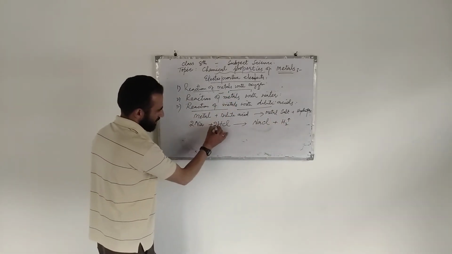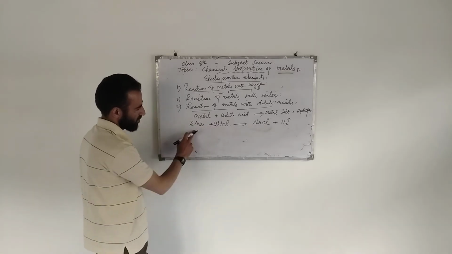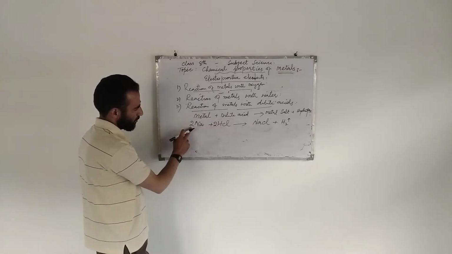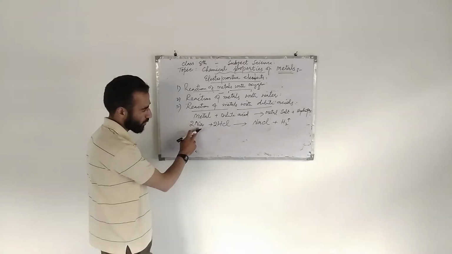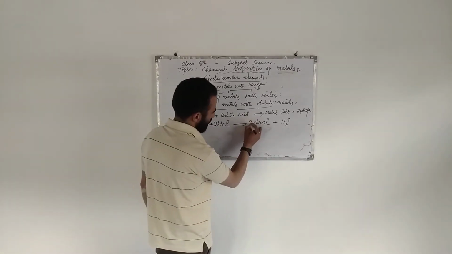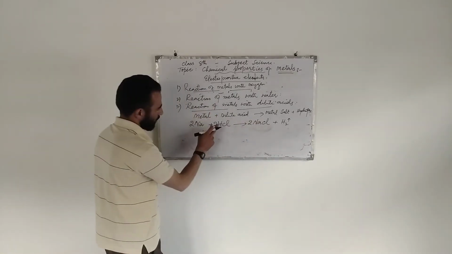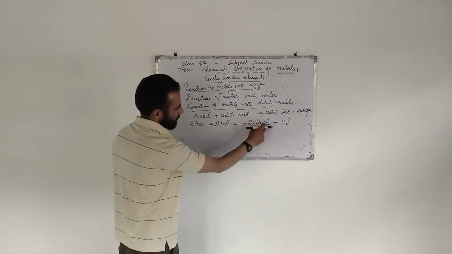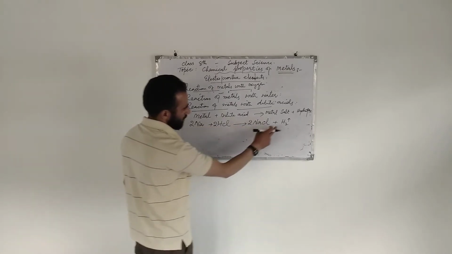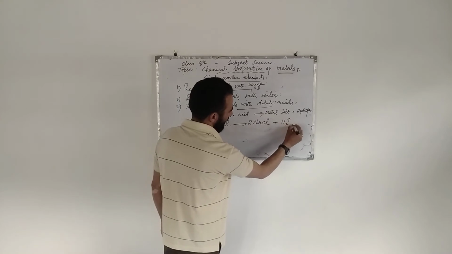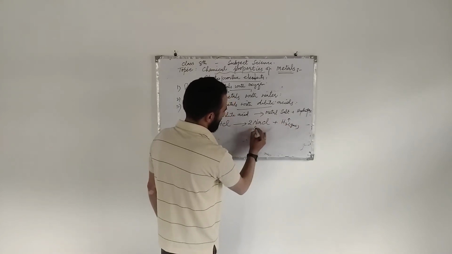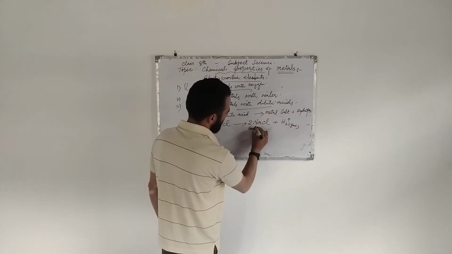We can balance this chemical equation: 2 sodium, 2 chlorine, 2 hydrogen, and hydrogen gas is formed. This is a sodium chloride salt.